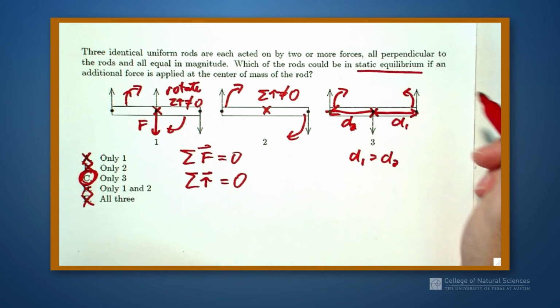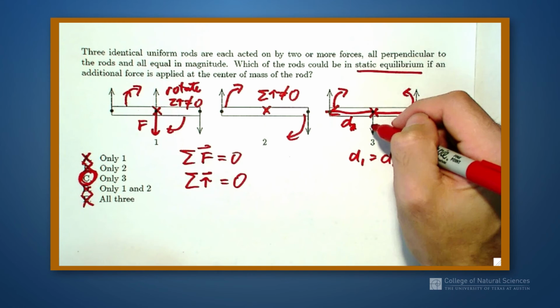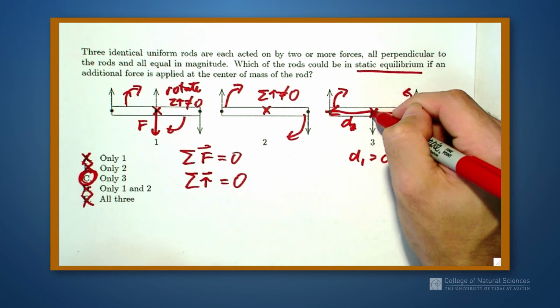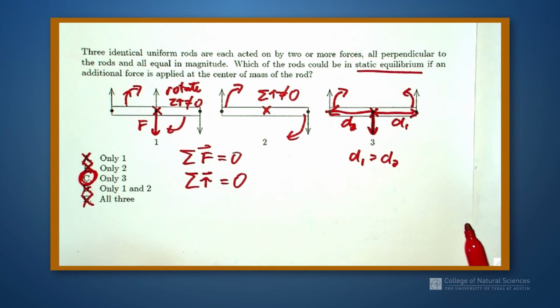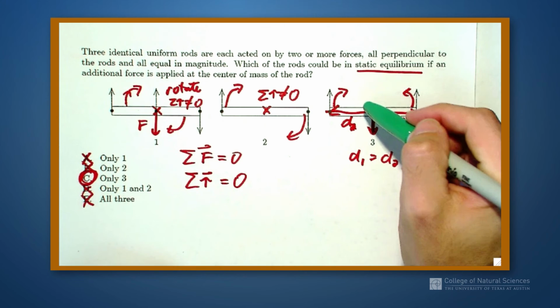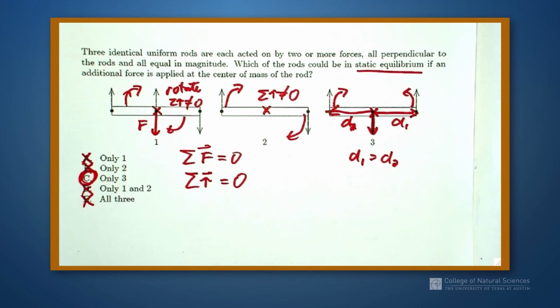I'm, again, choosing an axis of rotation around that point. Force 3, this one right here, does not provide any torque on this object because it's applied at the axis of rotation, so there's no distance.